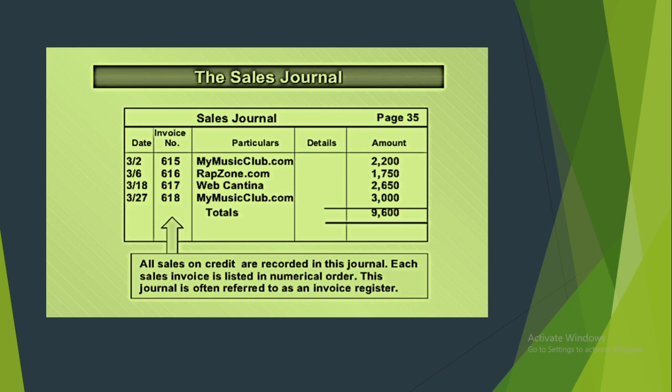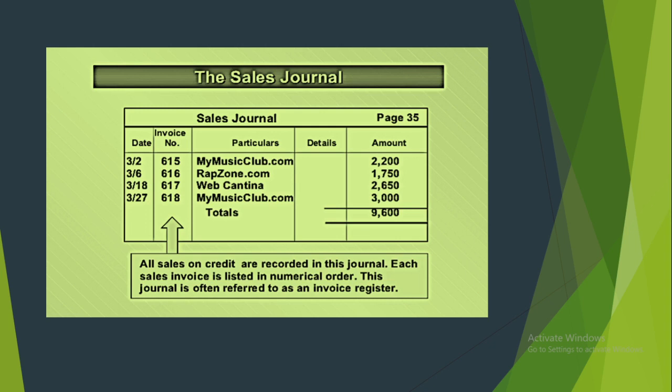Each sales invoice is listed in numerical order. This journal is often referred to as an invoice register. Like here we have to mention the proper date, proper invoice number, their description also properly written, and the most important thing is the amount.